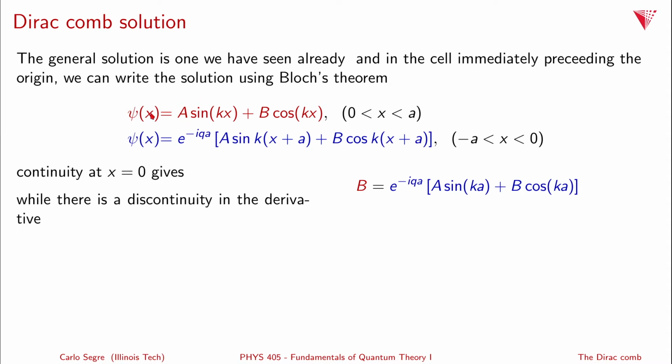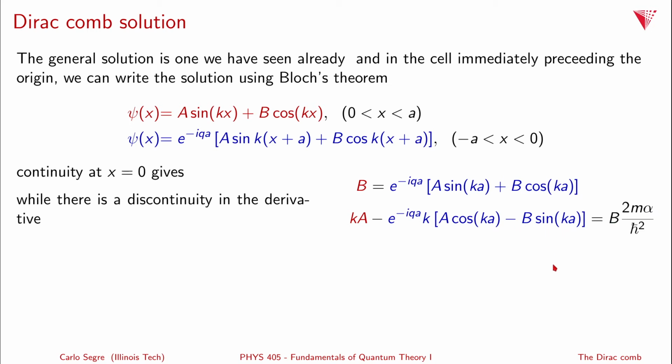So if we take the derivative here and apply it at the origin, minus the derivative of this applied at the origin, we should have a discontinuity that relates to the strength of the delta function. So for that we have k times A, at x equals 0, minus e to the minus iqa, k times A cosine ka, the sine becomes a cosine, and the cosine becomes a minus sine, so it's minus B sine of ka.